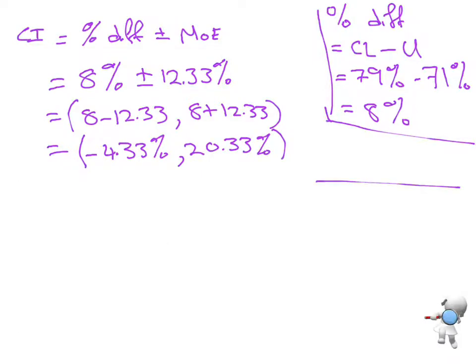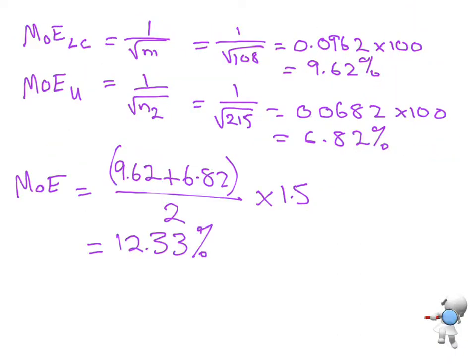So in terms of a confidence interval, I'm going to go from negative 4.3% up to 20.3%. So there is my confidence interval. And that's the confidence interval for the population difference estimated from our sample.